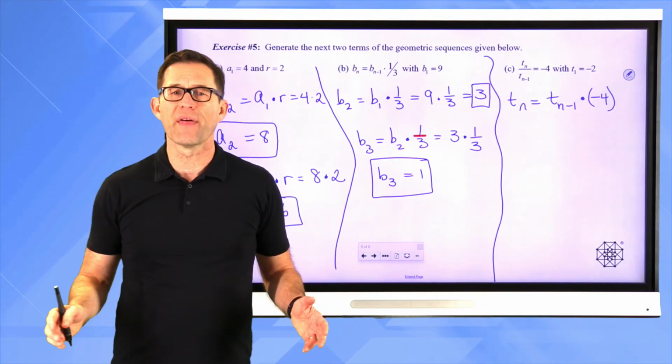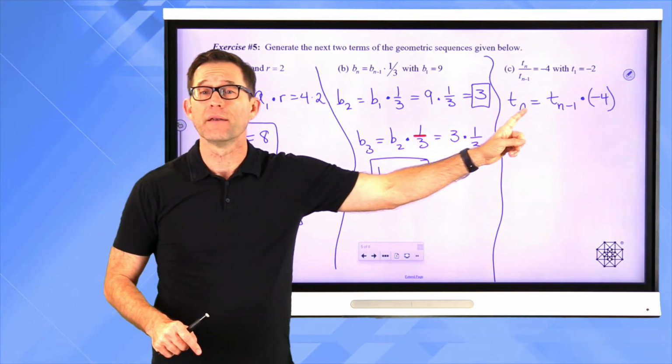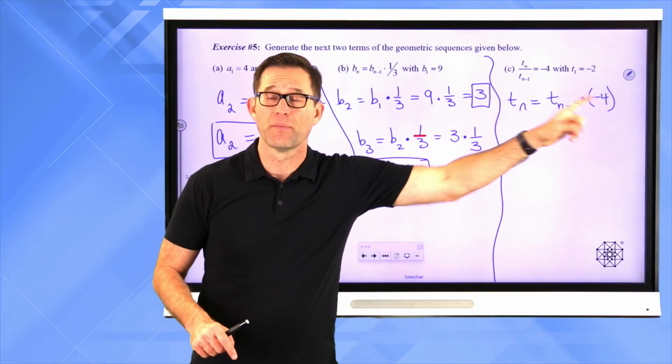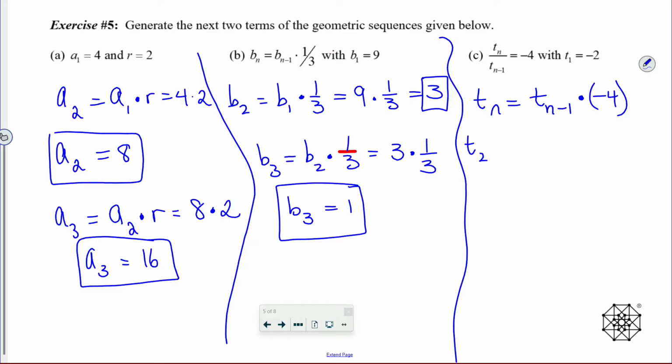You could just rewrite it that way. Now it's very clear. Every term is gotten by taking the previous term and multiplying it by -4. So T2 is going to be T1 times -4. That's -2 times -4, so T2 is going to be equal to +8.